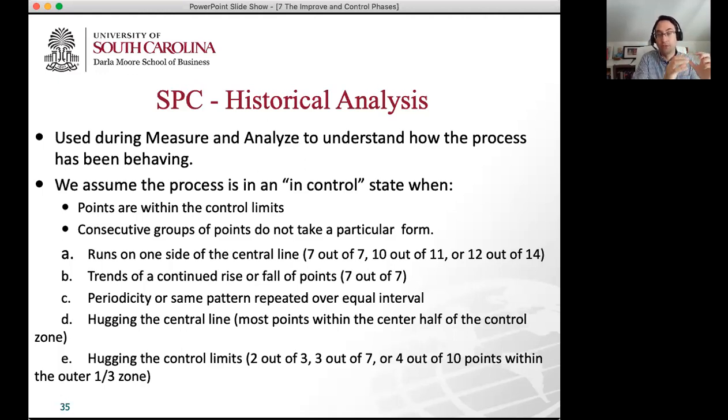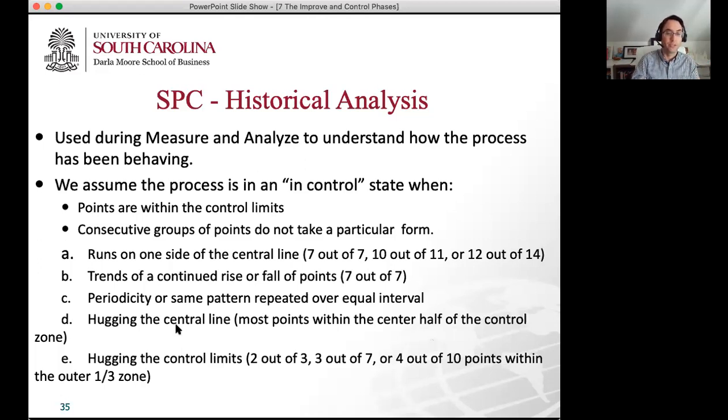If you run 7 or 8 points consecutively on the upper part, you probably have something tilting the process to that side. If there's a trend consecutively going up or going down, or you repeat a pattern over time, these are problems that can tell you that something will be out of control pretty soon.